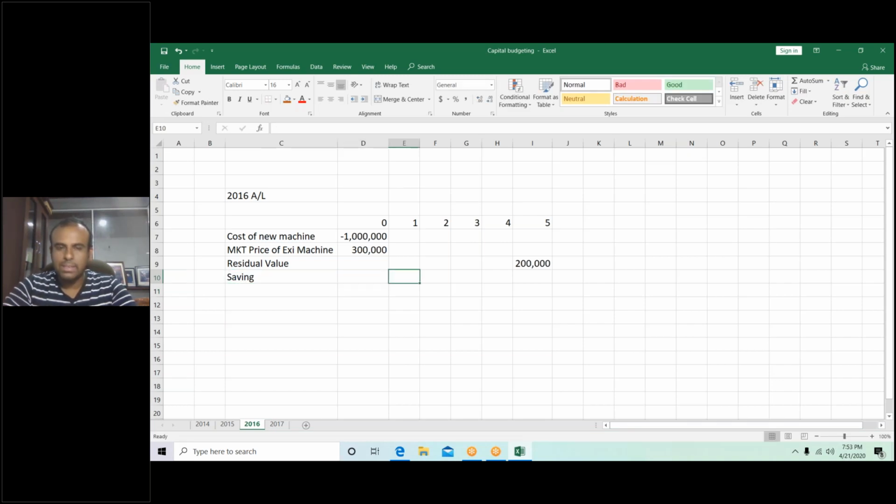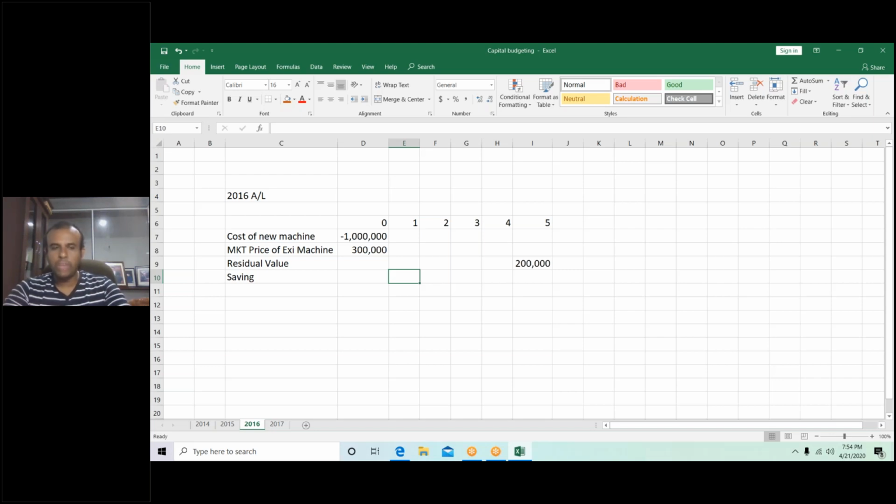This particular question doesn't consider the effect of the increase in income; the examiner has not given it. We assume we get the same benefits, the same income, from the existing machine and the new machine. That is the assumption. If the income is the same, there is no incremental amount, so you don't need to think about that part.